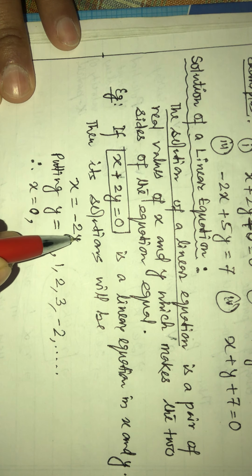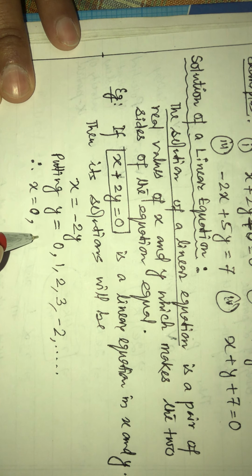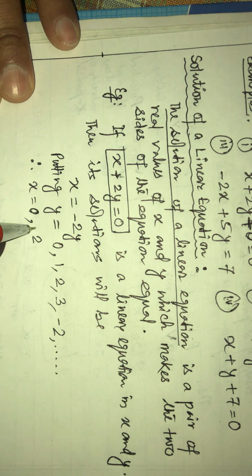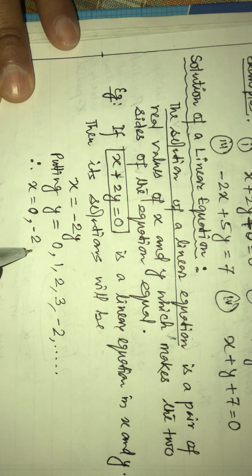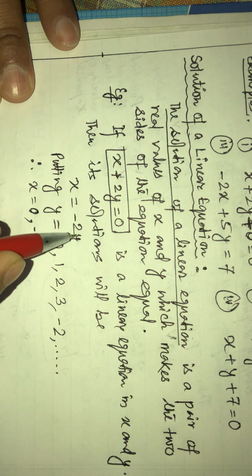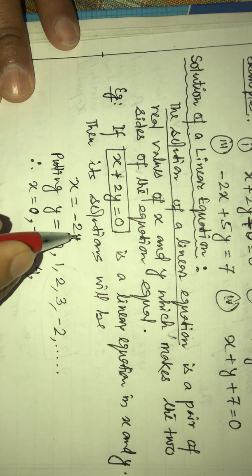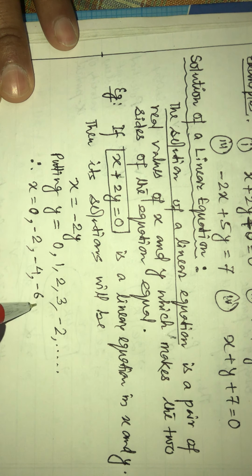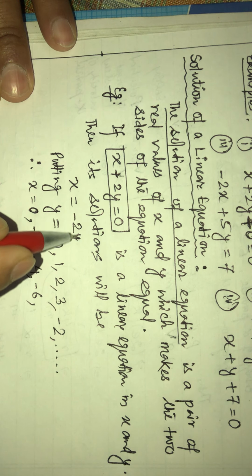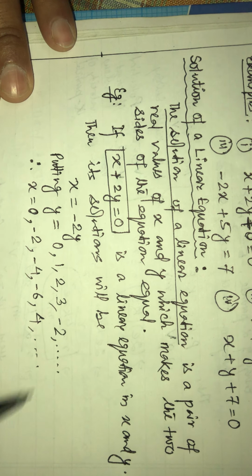Second, keep 1 in place of y, 2 into 1 is 2, but the minus sign is there, so I get minus 2. Third, when I keep 2, 2 into 2 is 4, so I get minus 4. Similarly, when I keep 3, 3 into 2 is 6, minus 6. When I keep minus 2, 2 into 2 is 4, and minus makes it 4, and so on.